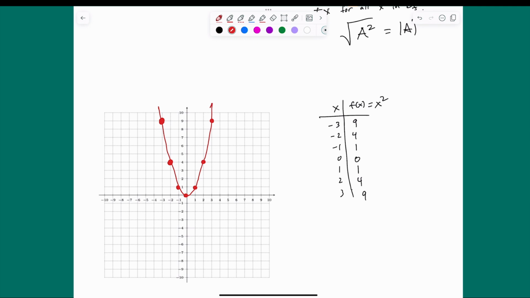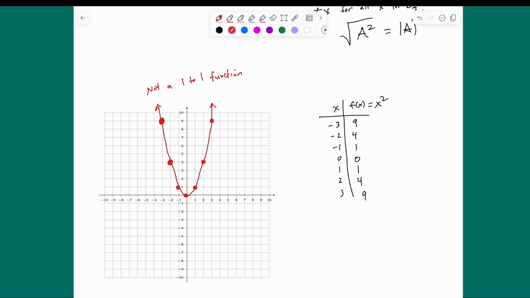We could see that clearly f of x equal to x squared is not a one-to-one function, which means it does not have an inverse as a function.